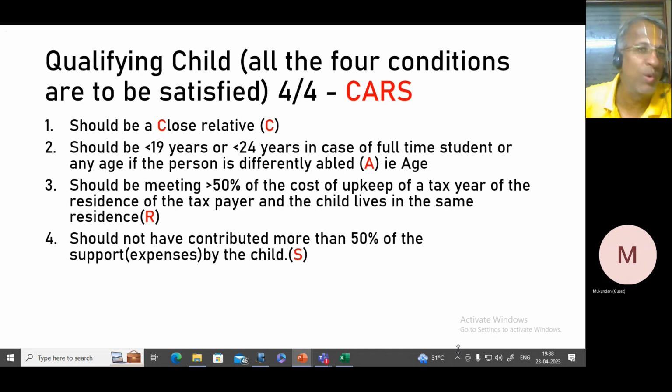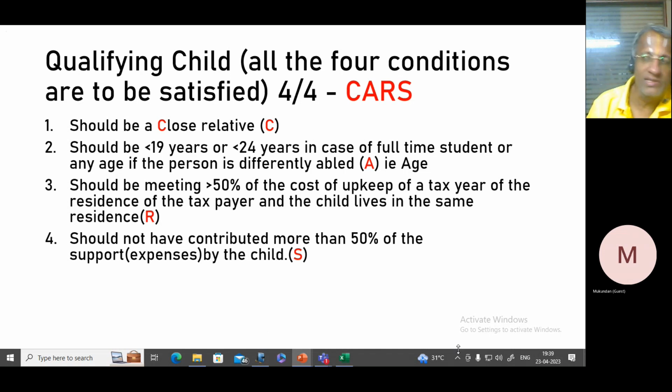So in short, from now on, we will be referring to qualifying child as QC. So what are the 4 important tests? The moment you are taking up the matter for any evaluation, you go by this particular order: close relative, age, then R. R stands for the residential place, where the taxpayer is expected to meet more than 50% of the cost of the household of that particular year.